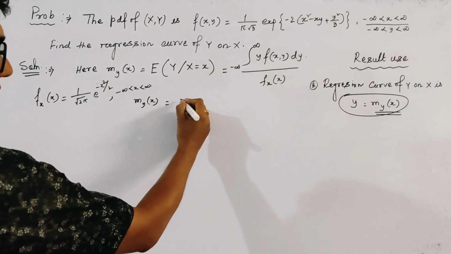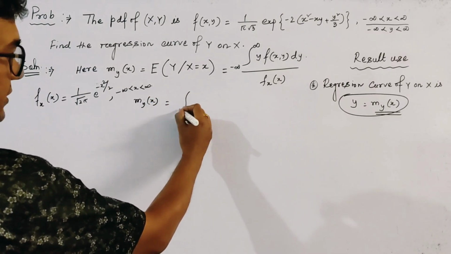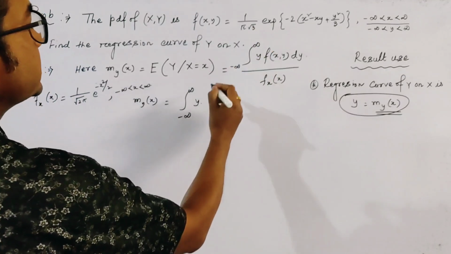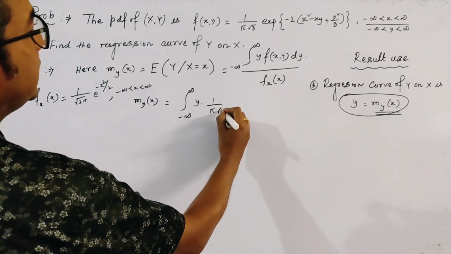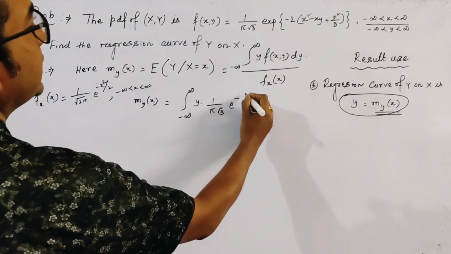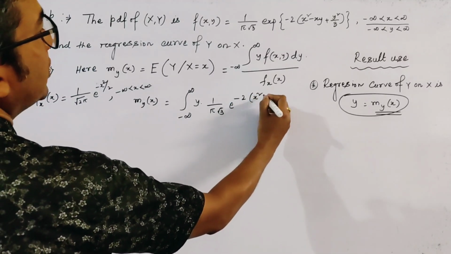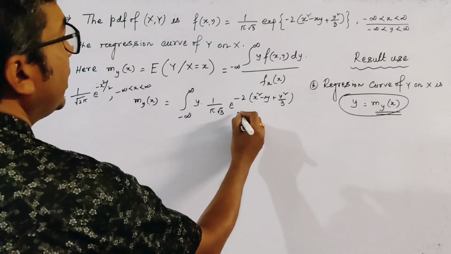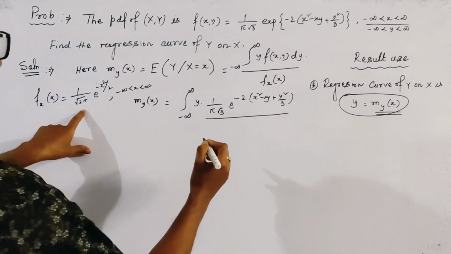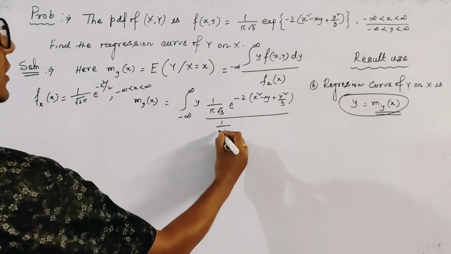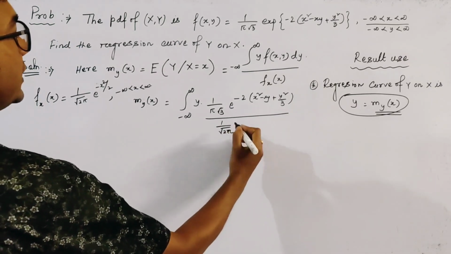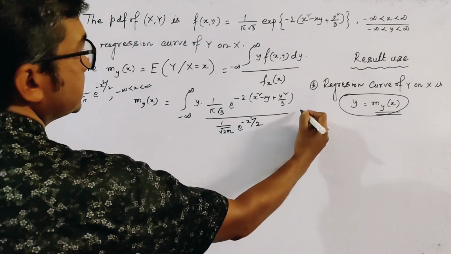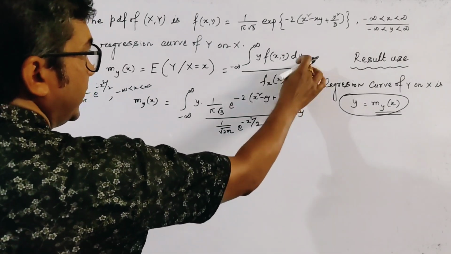This is given by the integration from minus infinity to infinity of y into f(x,y), which is 1 by pi root 3 e to the power minus 2 into (x square minus xy plus y square) by 3, divided by f_X(x), so 1 by root 2 pi into e to the power minus x square by 2, and this is obviously dy.